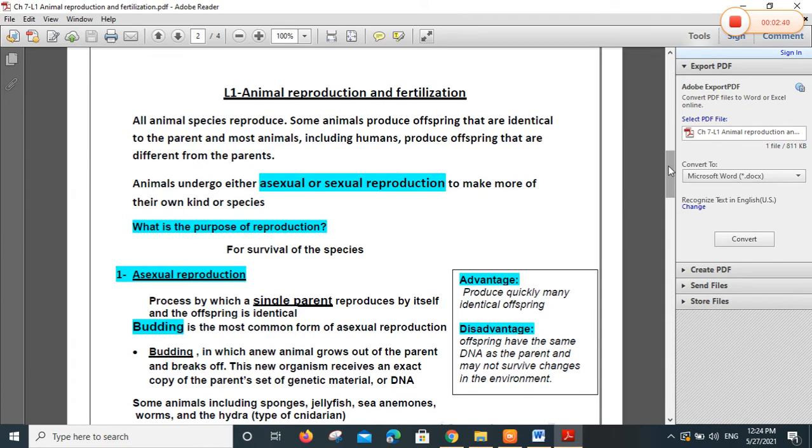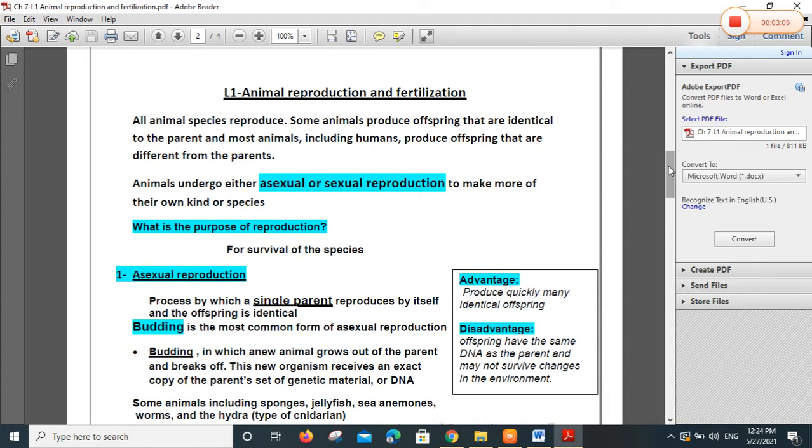Budding means a new animal grows out of the parent and separates itself from the main body. The genetic material passes from the main body to the small part, so the small part grows and separates itself, and the separated one becomes identical to the main body.